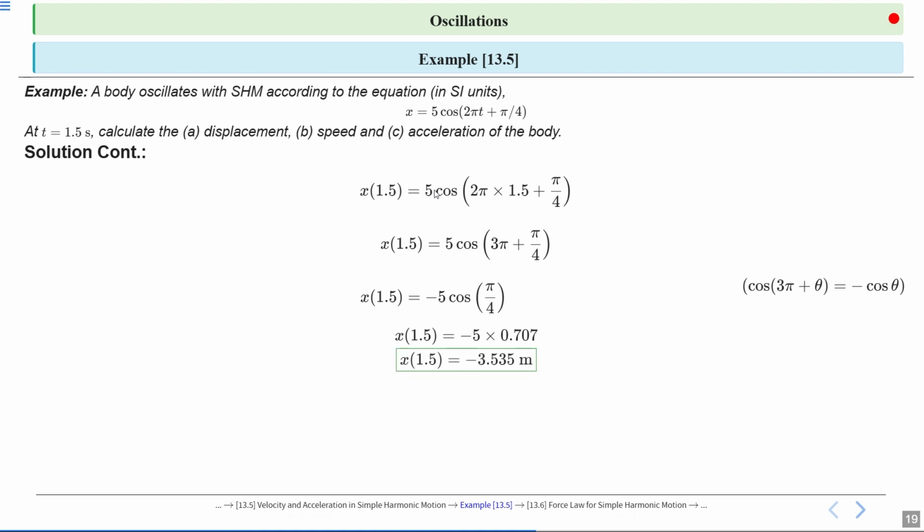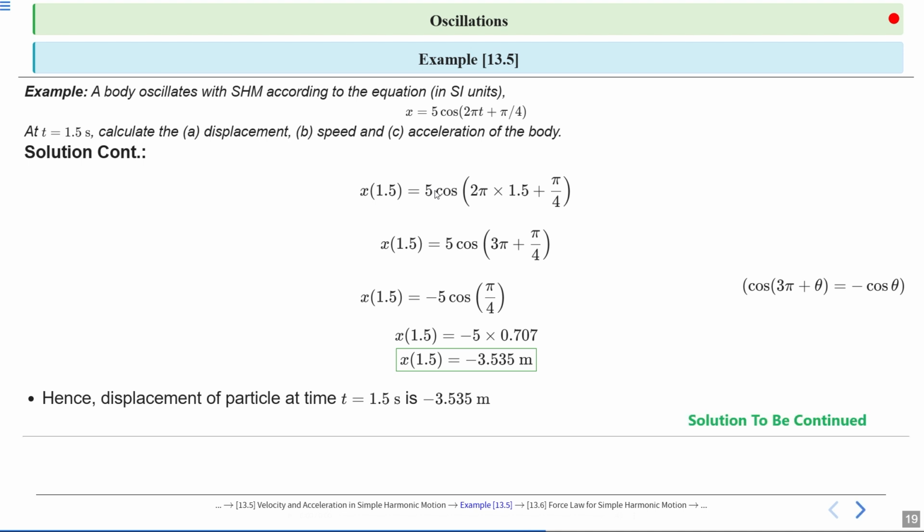Solving this, you will get x of 1.5 is equal to minus 3.535 meter. This is the displacement of the body at t equal to 1.5 seconds. The negative sign tells us the direction of displacement relative to the equilibrium position. Alright, so hence the displacement of the particle at t equal to 1.5 second is minus 3.535 meter.